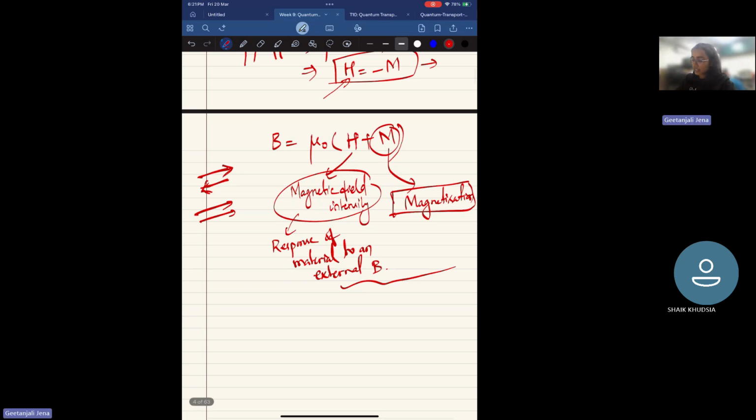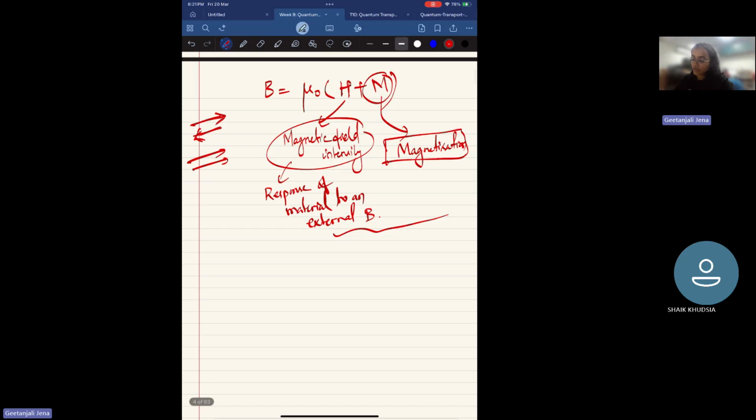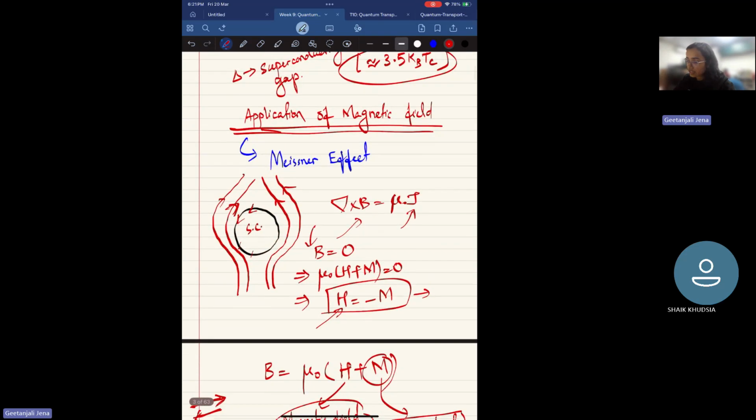So after that, let us see what cancels the magnetic field inside this. If you see this semiconductor, in this part the H is minus M. So that is why the B inside, if you calculate the magnetic field inside, is 0.